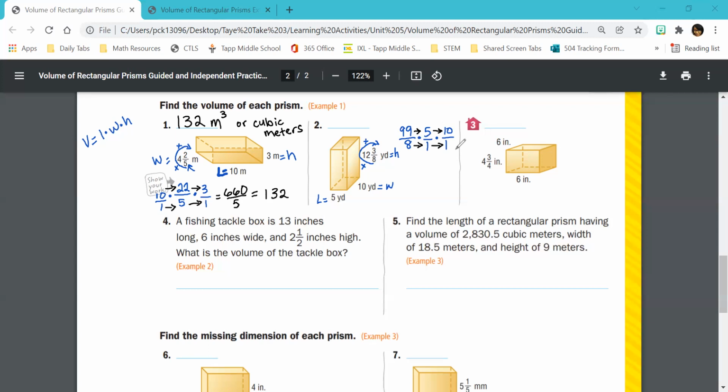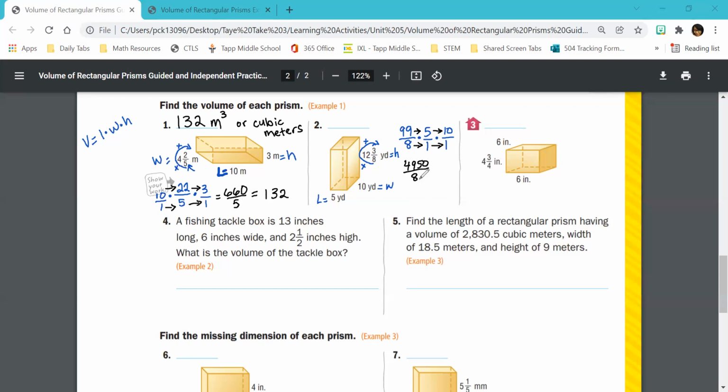Okay, so 99 times 5 is 495, and 495 times 10 is 4,950. And now let's take care of the denominator. 8 times 1 is 8. And then that answer of 8 times another 1 is still 8.